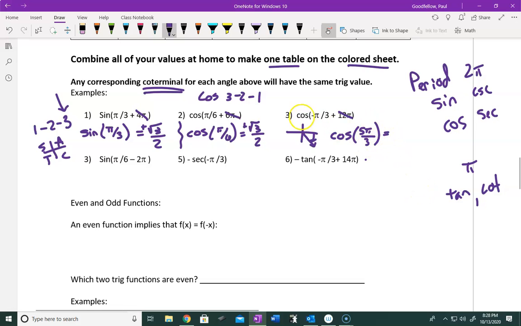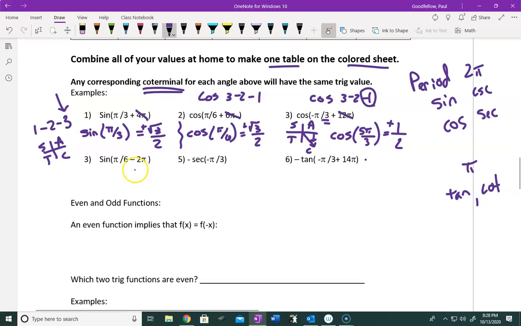Now, it's still a pi over 3 deal. And cosine is 3, 2, 1. So the pi over 3 is this guy. So the answer must be a half. But in the fourth quadrant, all students take calculus. Cosine is positive. And that's how you come up with your answer to that.